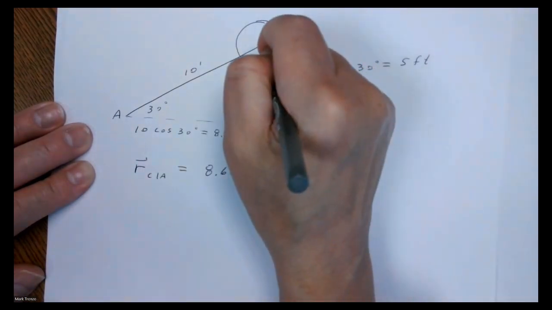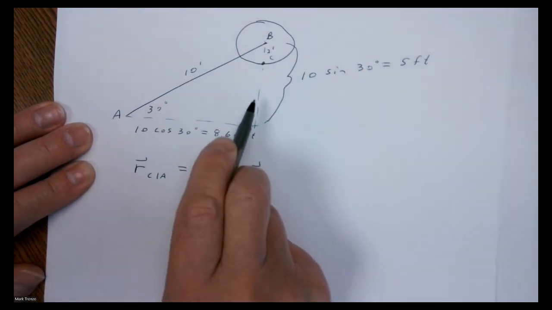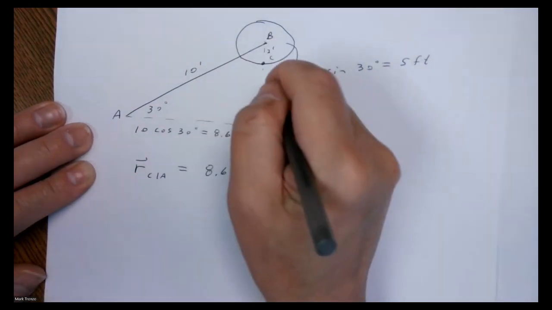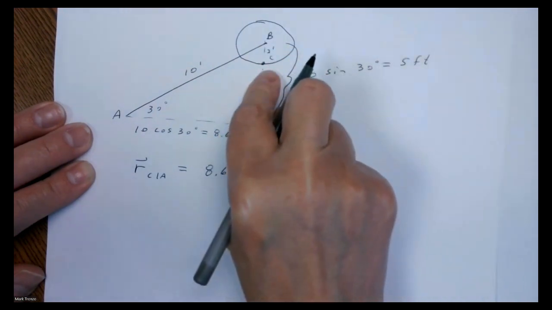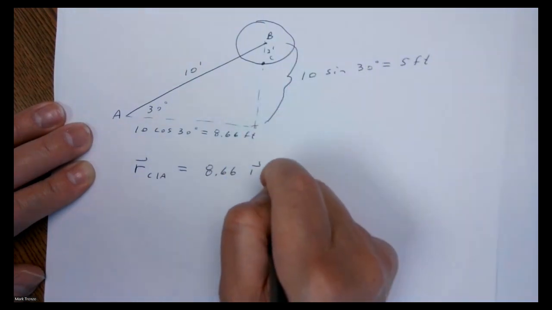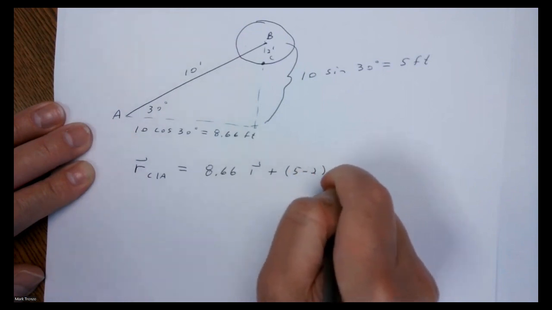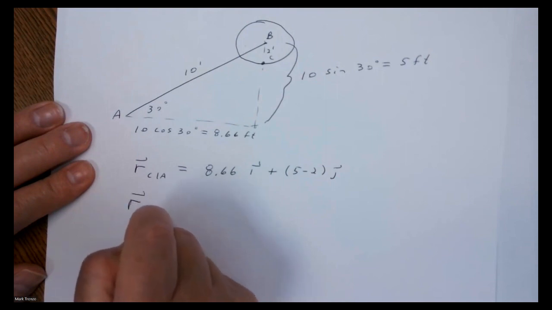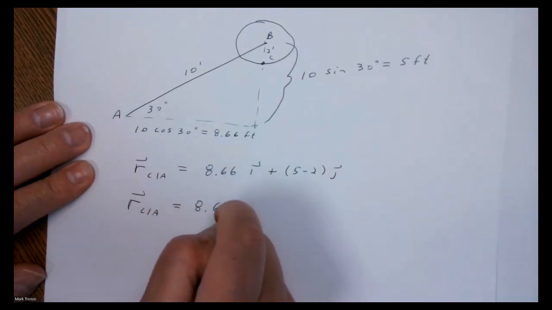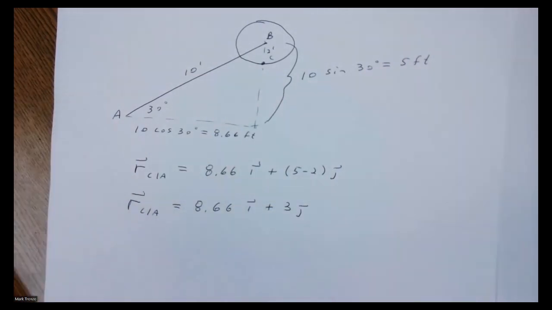Remember, C is 2 feet below B. So if we're going up to C here, then this distance right here is going to be 5 minus 2. So then our RCA is 8.66 I plus 3J, because we're going to be using that in a minute here.